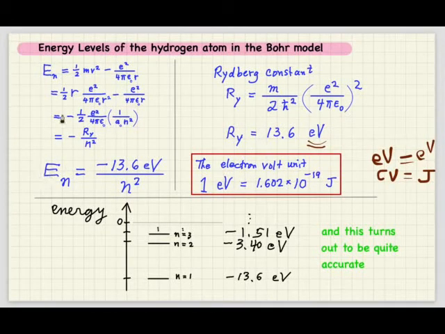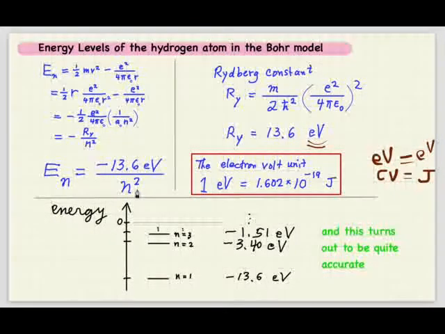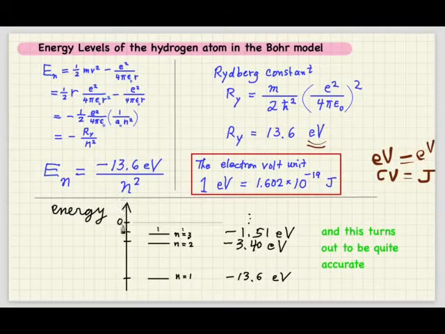All right, so the energy level of the orbit with quantum number n is minus 13.6 electron volts divided by n squared. So we can make a little energy level diagram here. So here's an energy axis, and normally we write those energies in terms of electron volts.